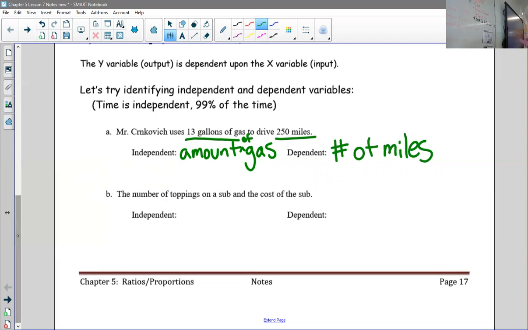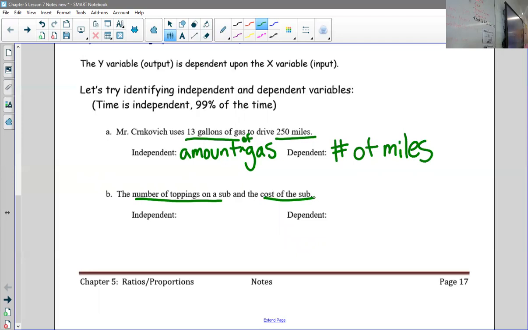In example B, it talks about the number of toppings on a sub and the cost of a sub. So our two variables are the number of toppings and the total cost of the sub. So I can choose however many toppings I want to put on the sub. It doesn't matter. I can choose 2 toppings. I can choose 5 toppings.